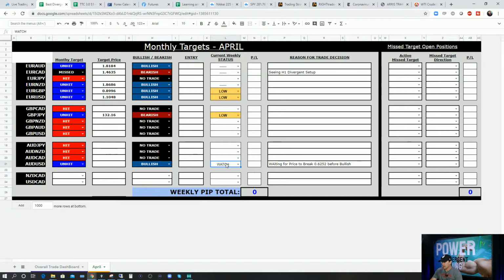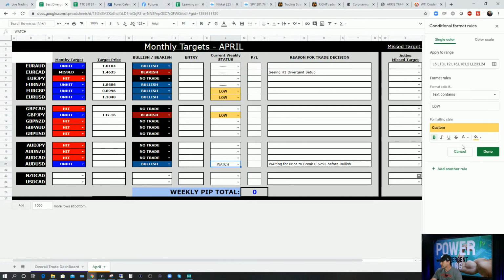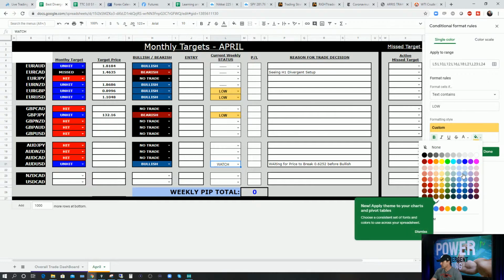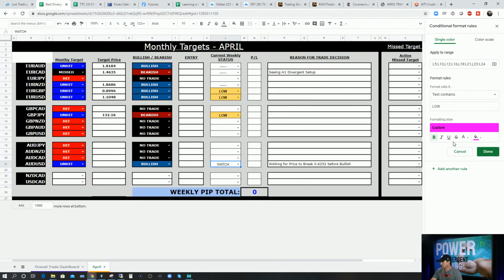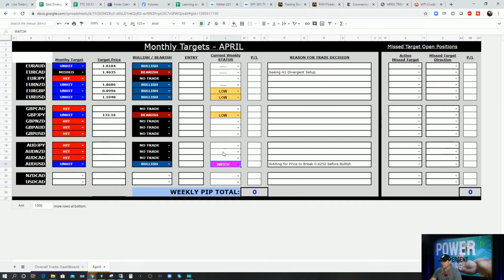And we're going to go ahead and change this, and we're going to give it a nice little color. Let's give it a pink. Nope, not that color, my bad. And give it a white there, and let's call this watch. So we're definitely going to watch this one right here.